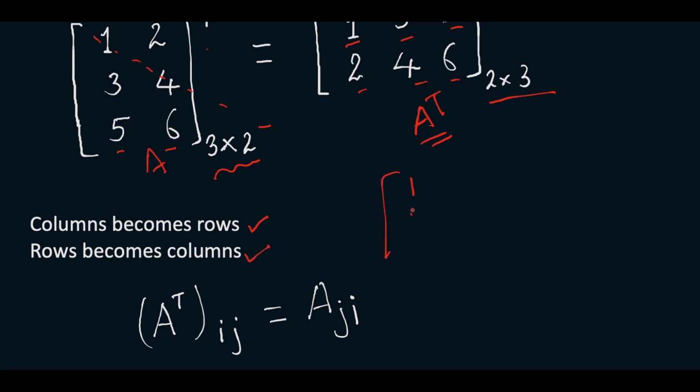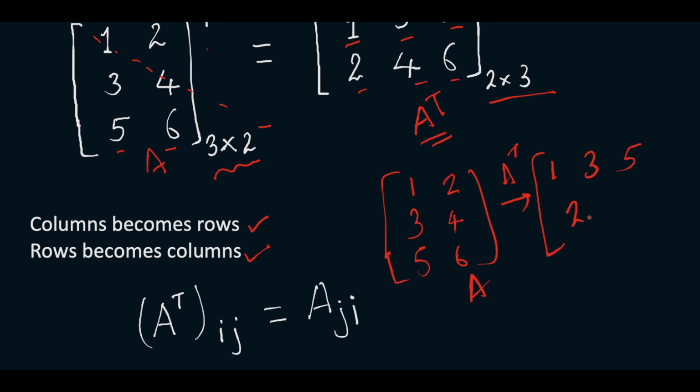So these are our rows, and this has become columns, and our columns have become the rows. For the transpose matrix we can write A transpose ij, where i and j are the indexes, equals A of ji.